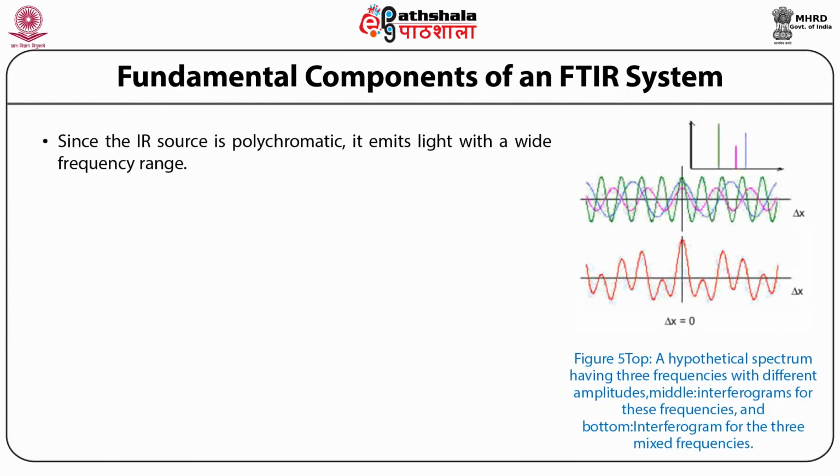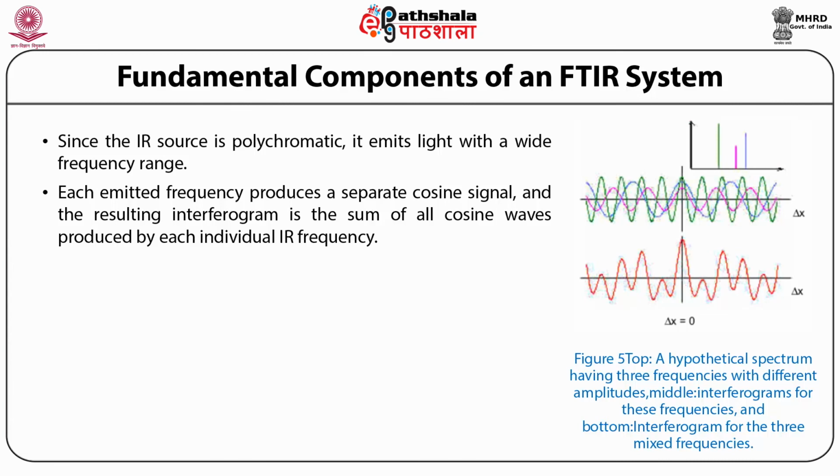Since the IR source is polychromatic, it emits light with a wide frequency range. Each emitted frequency produces a separate cosine signal, and the resulting interferogram is the sum of all cosine waves produced by each individual IR frequency.